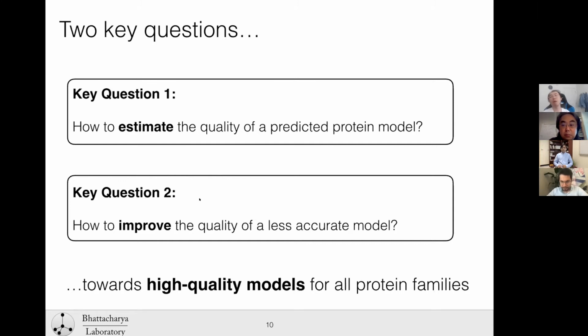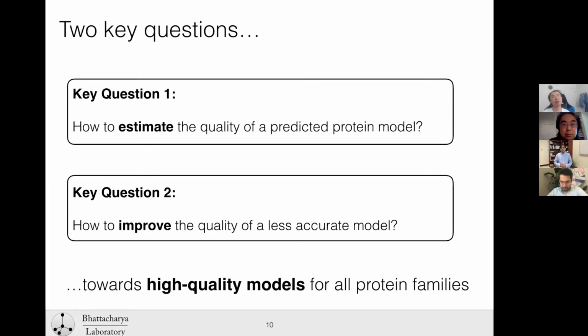And the second and related key question is, how do we improve the quality of a less accurate model, to bring it closer to experimental structures? Collectively, these two questions can help us move towards high quality models for the entire protein families.